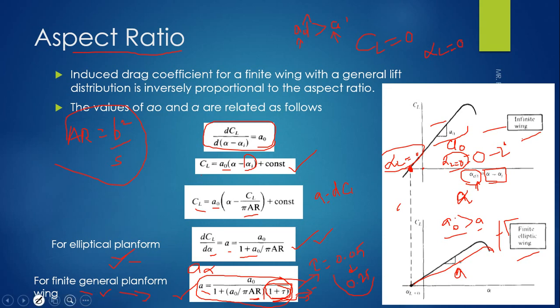I'm talking about the e value, the efficiency factor. It has some values for different types of wing, and because of that value also the induced drag is changing. That's its significance. It also changes the value of the induced drag coefficient.